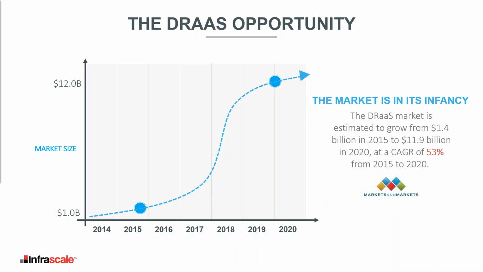So now let's take a look at the DRAS opportunity. The DRAS market is estimated to grow from $1.4 billion in 2015 to $11.9 billion in 2020. So this is a compound annual growth rate of 52.9%. But most channel partners have yet to focus on their DRAS business.